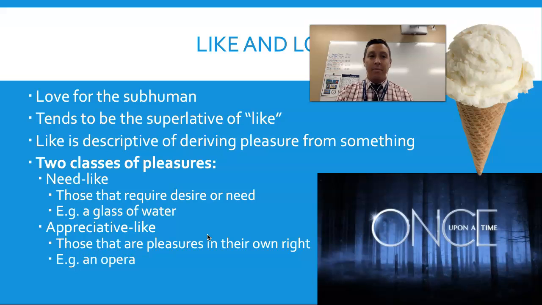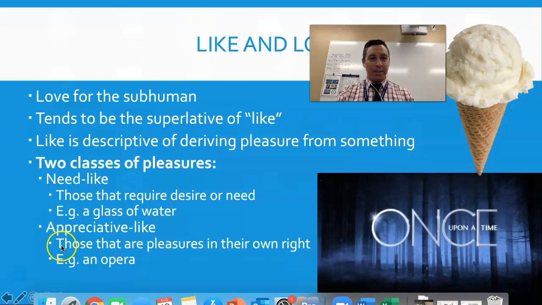Ice cream would fall under the category of need-like because, not that you need ice cream, but if you desire ice cream and you have ice cream, then you met that desire or need in you and you no longer want ice cream. Once Upon a Time, the TV show, is not the same type of need. It's a thing that's good in and of itself. It's a thing that's enjoyable or that you can like or love in and of itself, whether you feel a need for it or not.